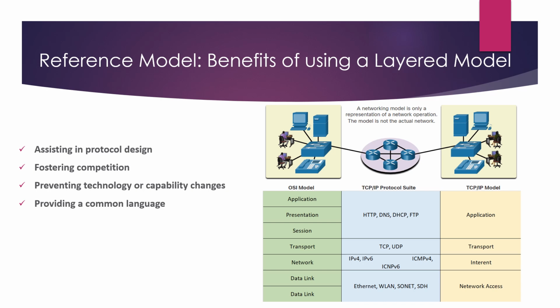Anyway, we'll discuss them in the next slides, but as you can see, the protocols used in each layer are mentioned in the middle. So for the OSI application, presentation, and session layers, and the TCP/IP application layer, they use the HTTP, DNS, DHCP, and FTP protocols.